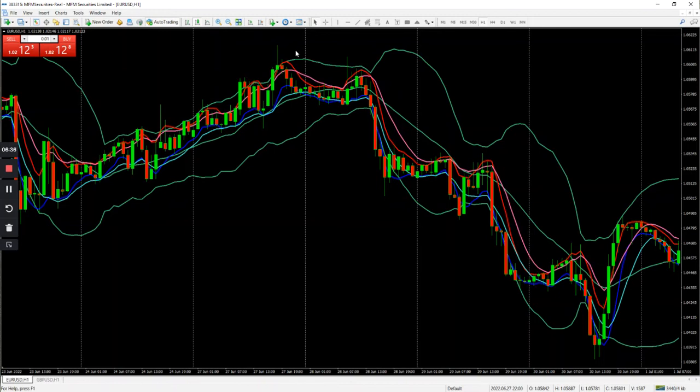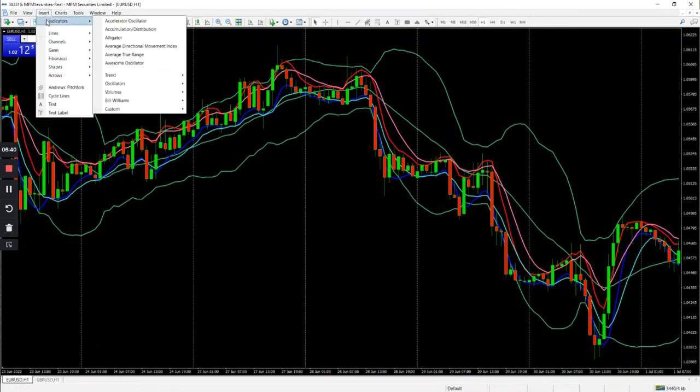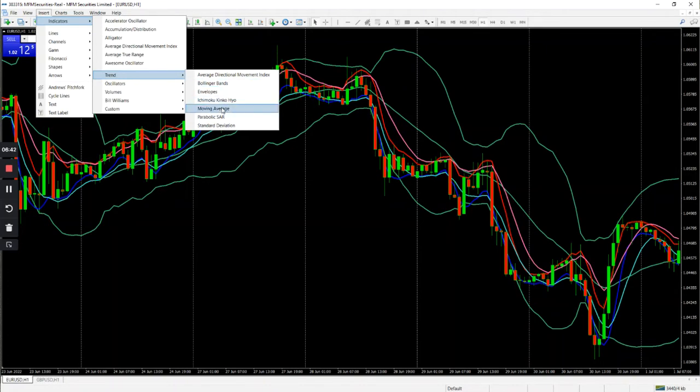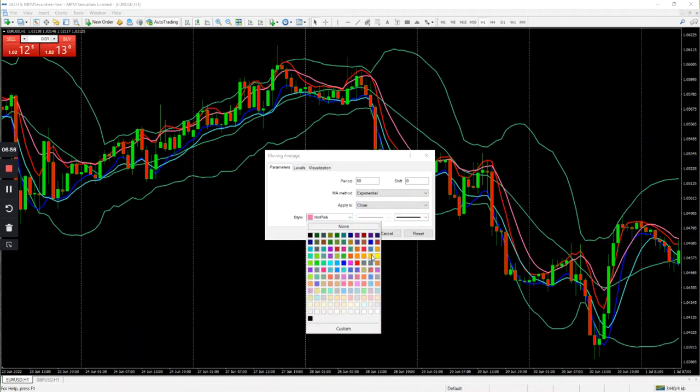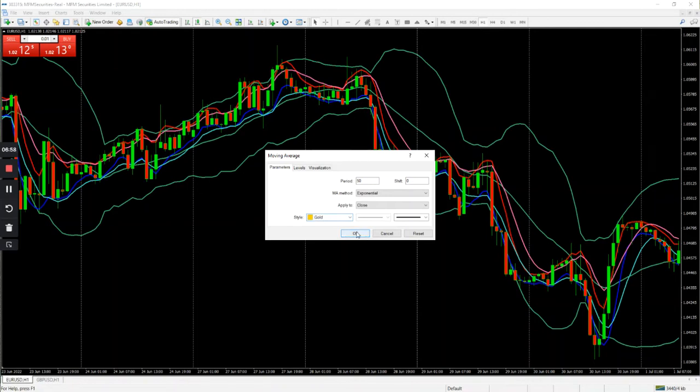Alright. So the last one is the moving average that you need to tell the trend. Exponential, you apply to close, and because it's trend, I would like to set it in gold.